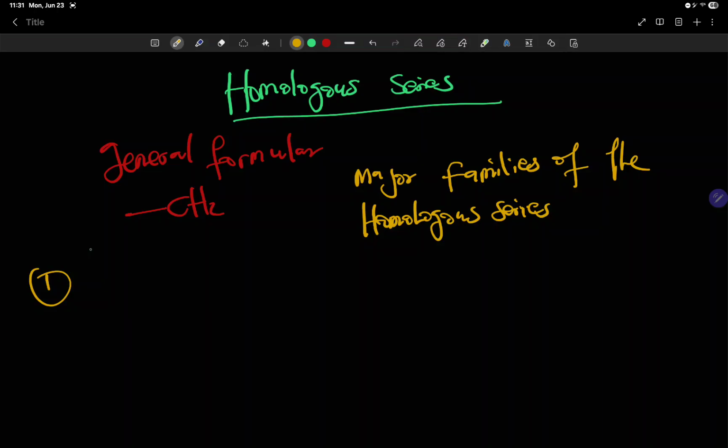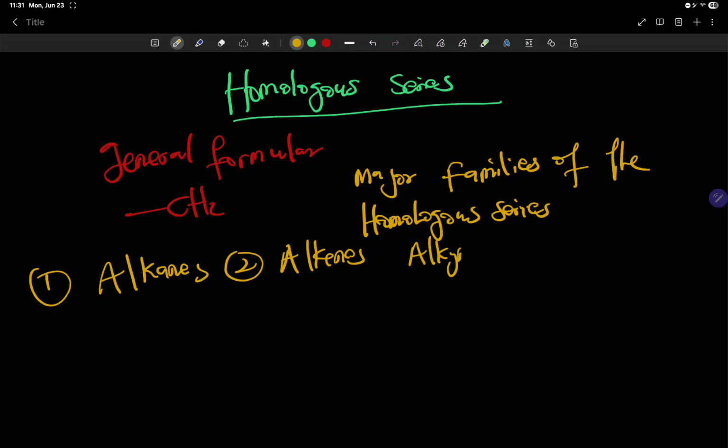One, alkanes. We have alkenes. We have alkynes. We have alkanols.